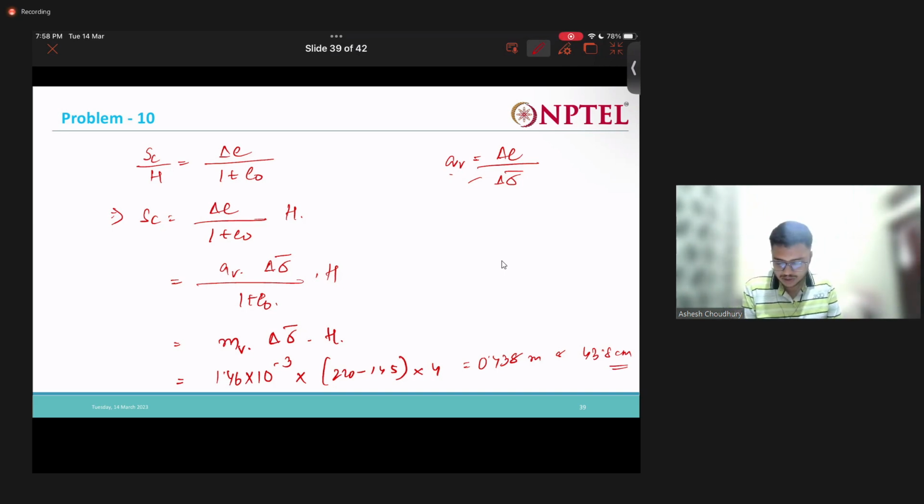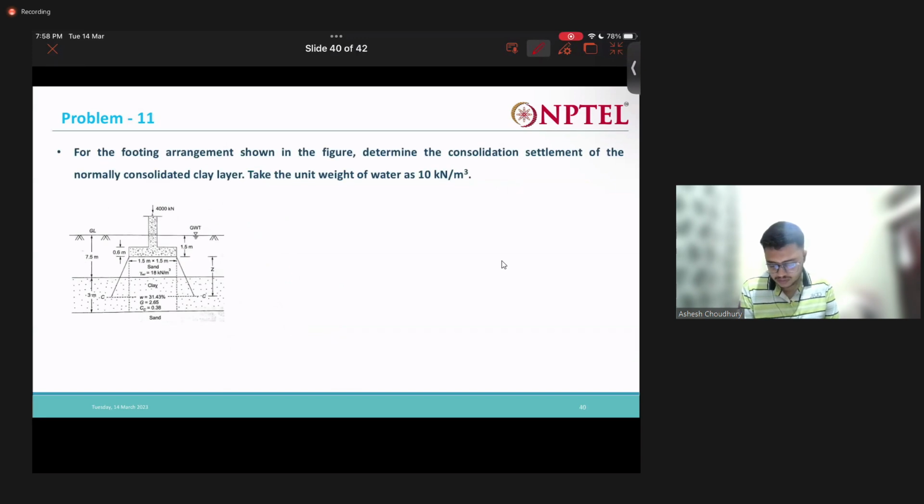Now let us go to the last problem. So this is for the footing arrangement shown in the figure. Determine the consolidation settlement of the normally consolidated clay layer. We take the unit weight of water as 10 kilonewton per meter cube. Here you can see that one footing is there, carrying a load of 400 kilonewton.